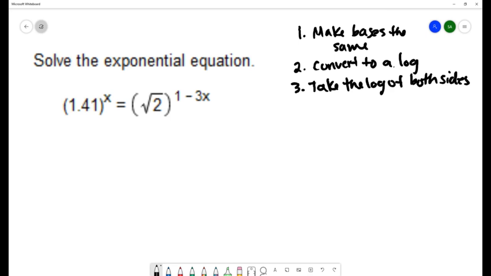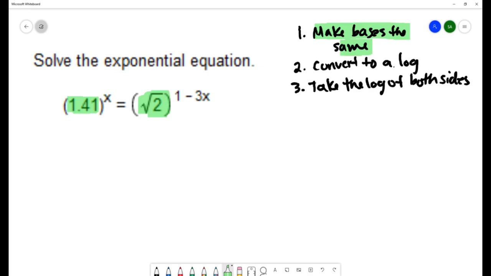Now, a lot of people will make the step to try to make the bases the same in this example. And that's because if you type square root of 2 in your calculator, you get something that is close to 1.41. It's close, but it's not exactly 1.41.